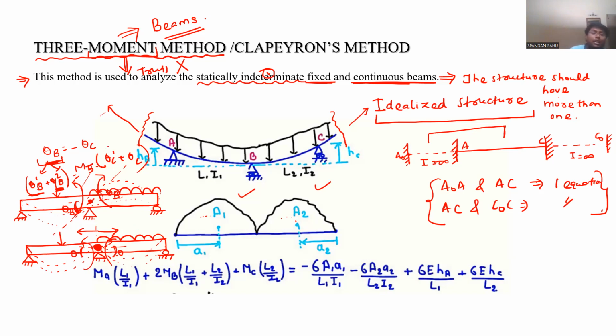Now this is the compatibility condition. When you put all those values of theta B and theta C and rearrange all those things, you will get this equation. And this is the standard equation.